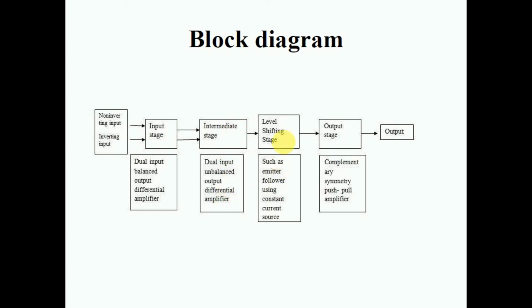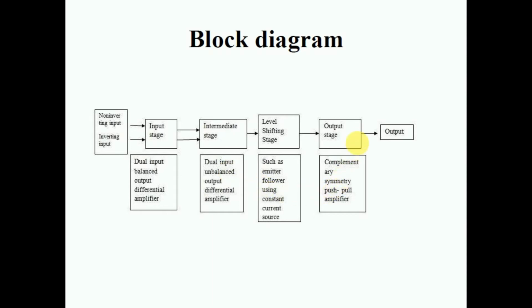After that, you can see the level shifting stage. What do we exactly mean by level shifting? We can use an emitter follower with a constant current source. These are the different properties where different types of operational amplifiers are used with different operating conditions.